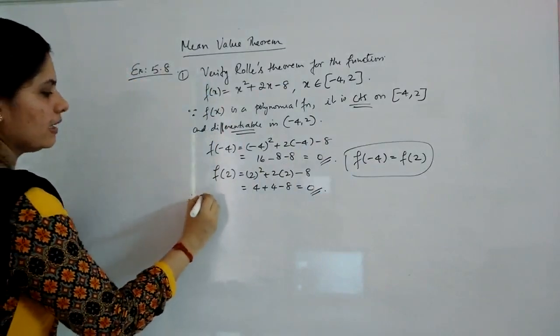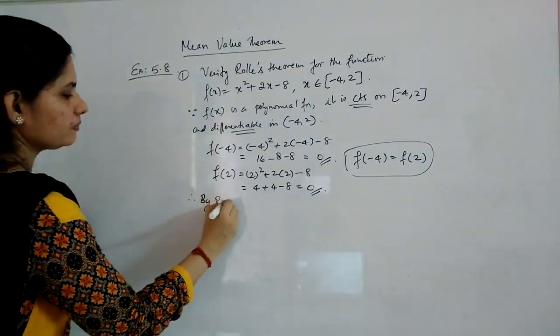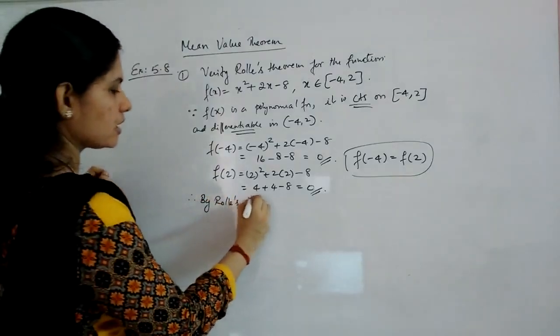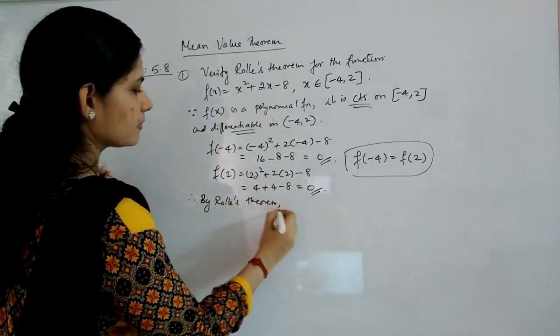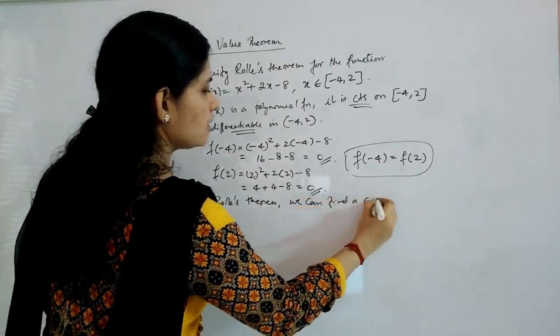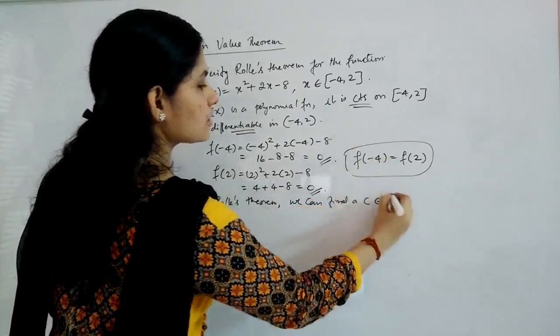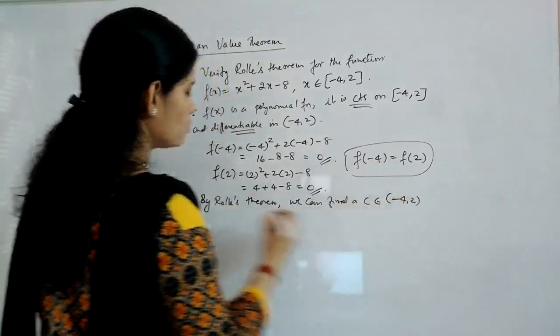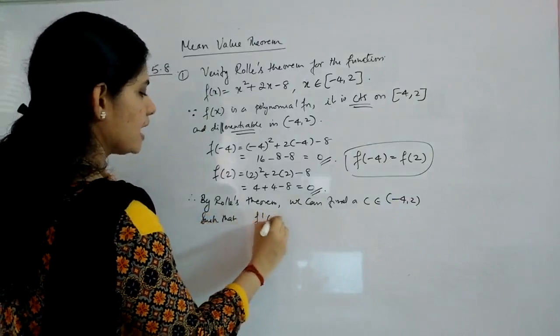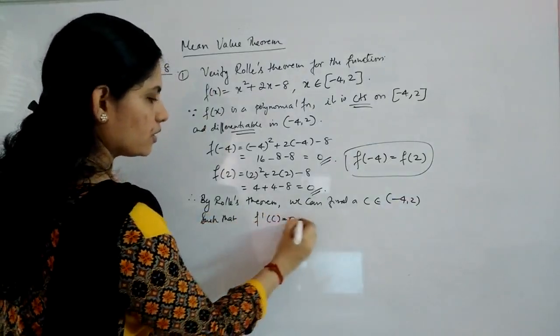So by Rolle's theorem, since the 3 conditions are satisfied, we can find a c in the open interval minus 4 comma 2 such that f dash of c is equal to 0.